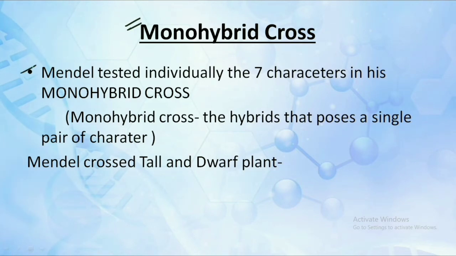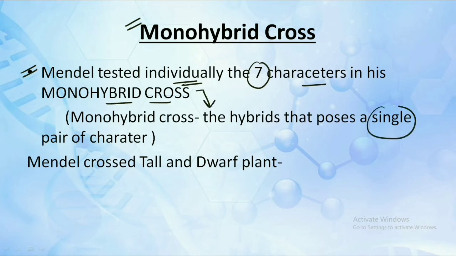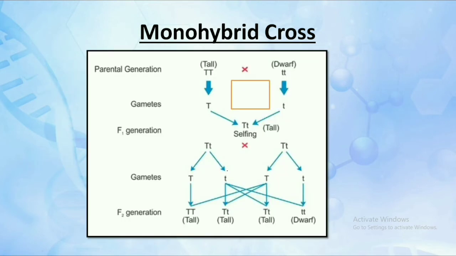In the monohybrid cross, Mendel tested individually the 7 characters. And what is a monohybrid cross? We have already discussed that the monohybrid cross is the one which involves only a single pair of characters. In this, Mendel crossed the tall and the dwarf plant.